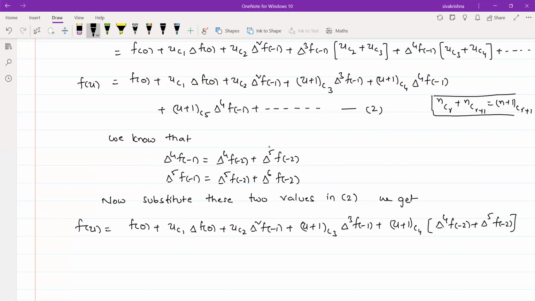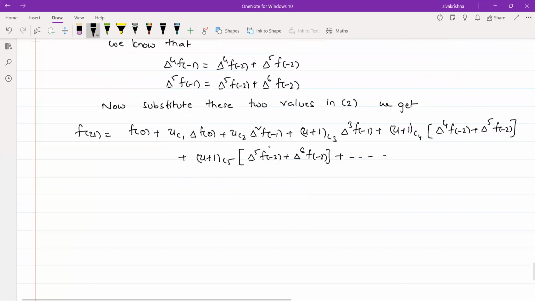And also u plus 1 c5 into delta power 5 f of minus 1, which can be written as delta power 5 f of minus 2 plus delta power 6 f of minus 2, plus and so on. Once again, we are going to simplify this step.